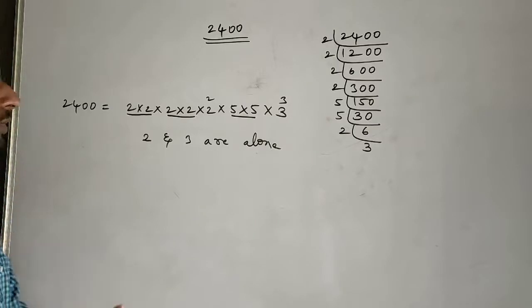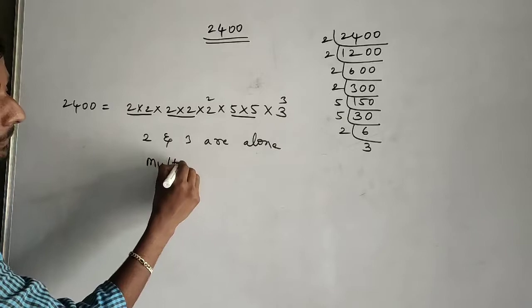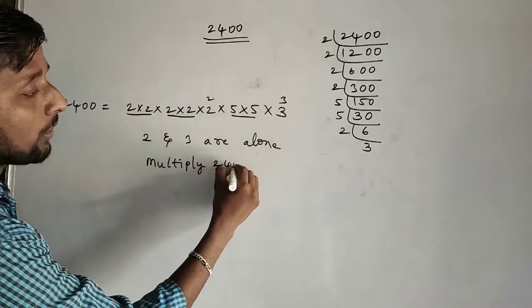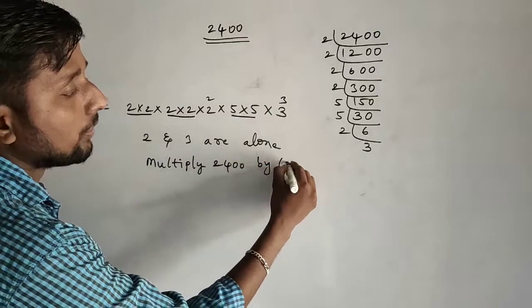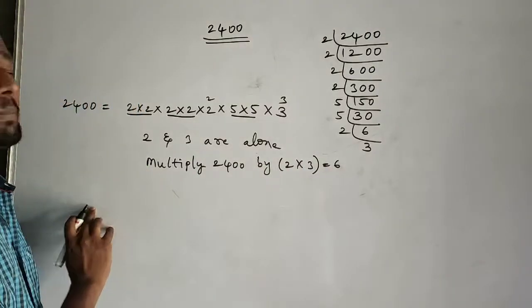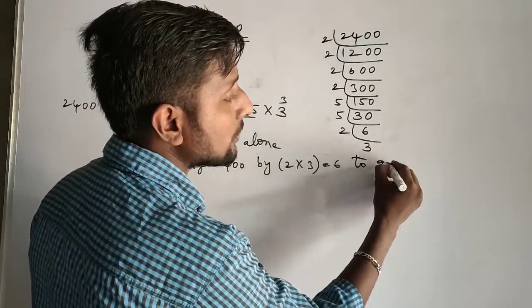Am I right? So if you want to multiply, I'll write: multiply 2400 by 2 3s are 6, we know 2 3s are 6, no? Multiply 2400 by 6 to get a perfect square.